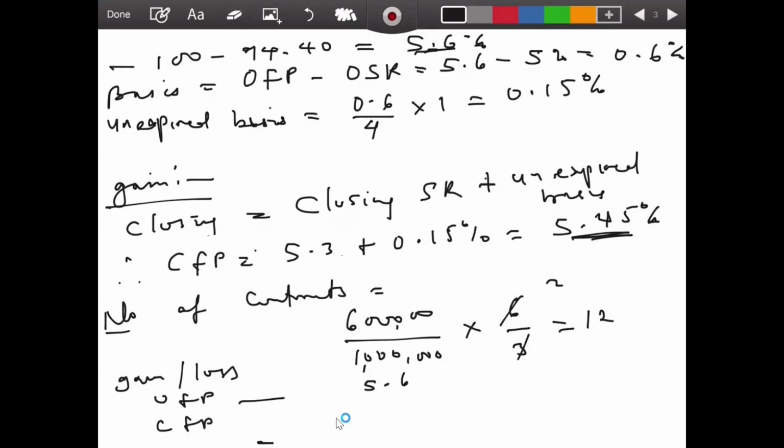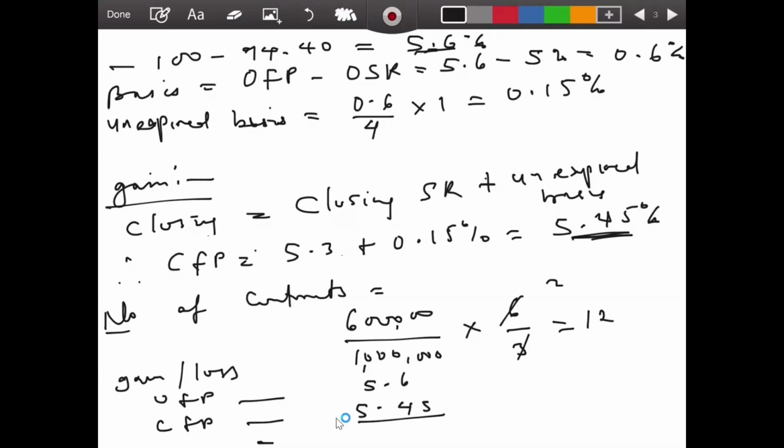Closing futures price, the company will close by receiving interest at 5.45%. You're paying interest at 5.6 and receiving at 5.45. The company is going to make a loss because the payment is higher than the receipt.